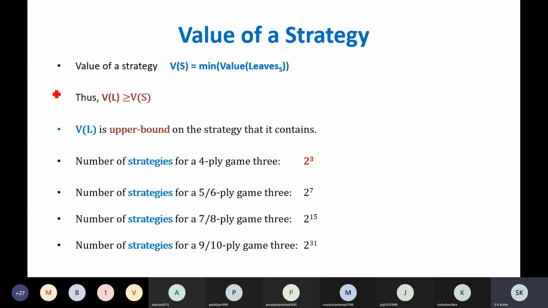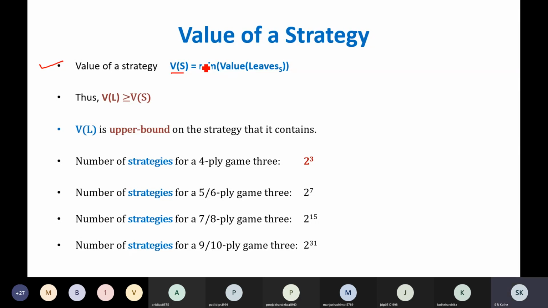Now we will have to understand what is value of a strategy. Suppose strategy S you are defining, value of a strategy S. So we will define that as VS, value of strategy S. What is it? It's a minimum of values of the leaves of strategy S. Values of all leaves of strategy S, take minimum of that, that will be a value of a strategy.